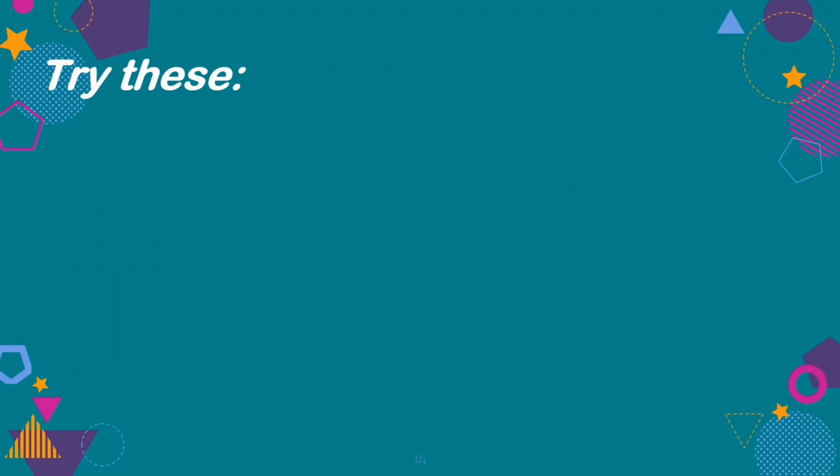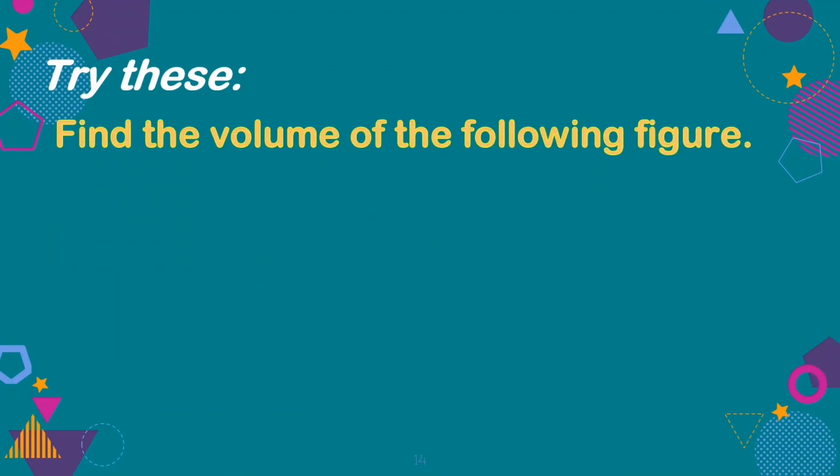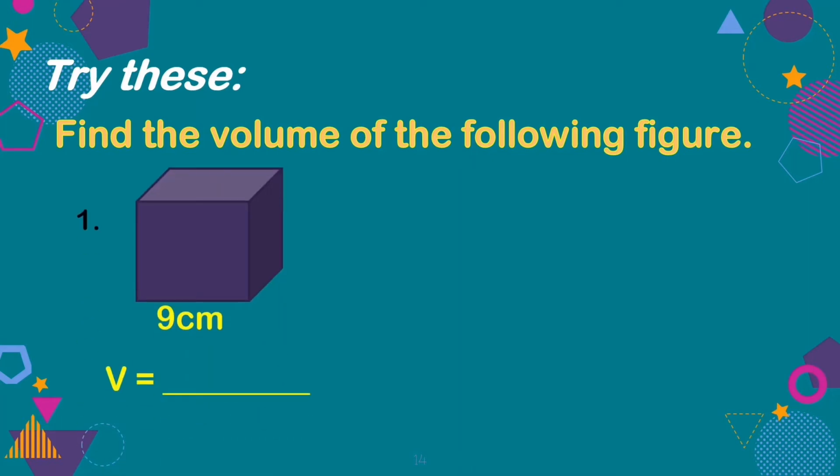Please try this now. Find the volume of the following figure. The first figure is a cube with an edge of 9 cm. What is its volume? Correct. It is 729 cubic centimeter because 9 times 9 times 9 equals 729.